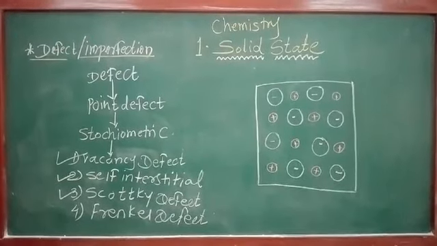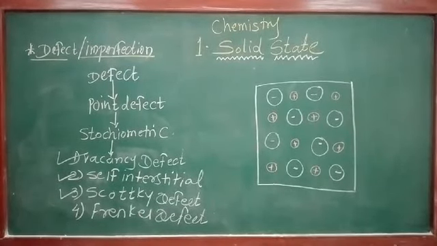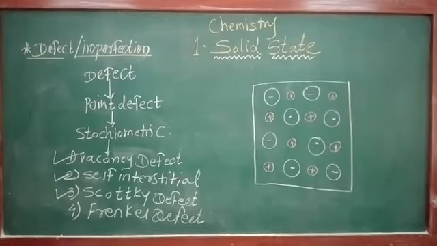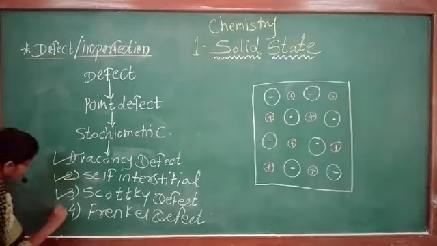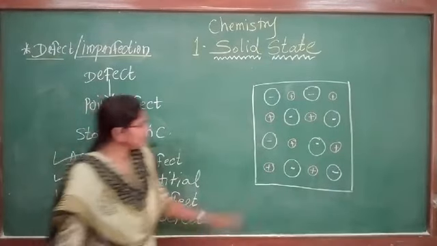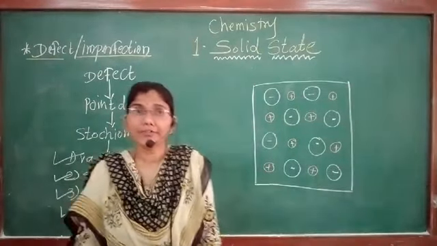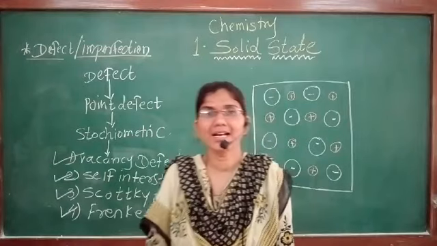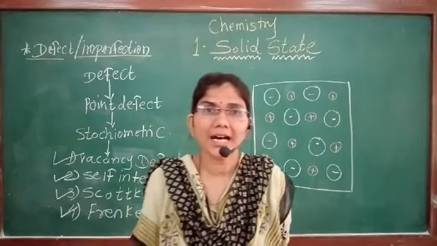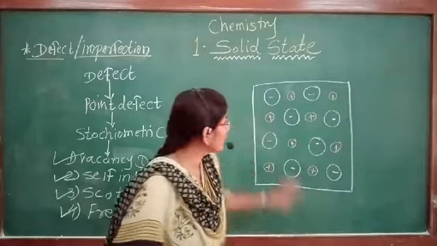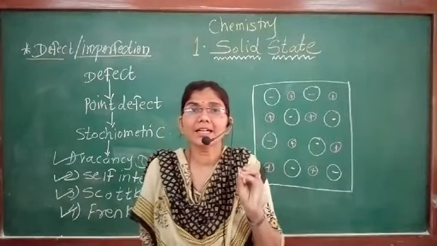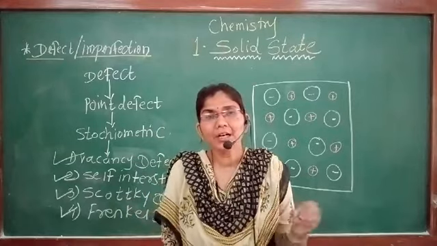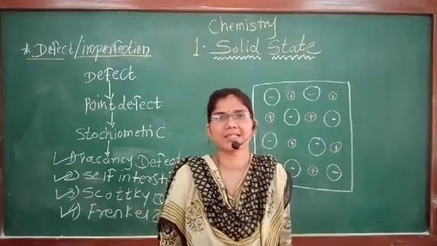The Frankel defect arises when the ions in that ionic solid, ionic crystal, lose their regular site and go into an interstitial site.